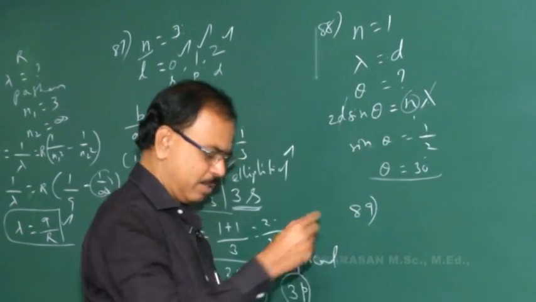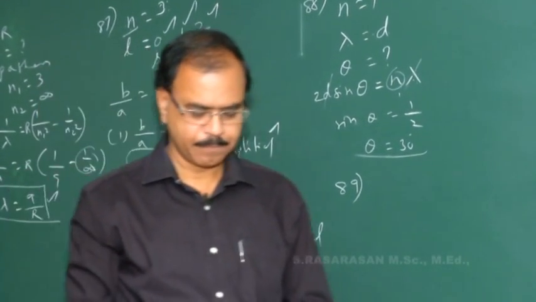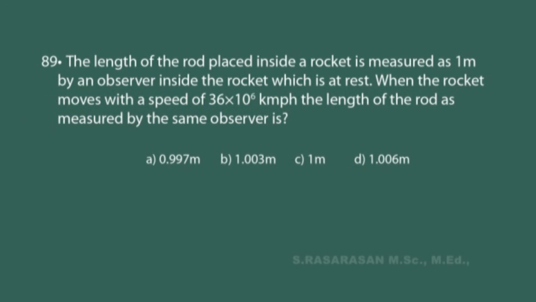Question number 89. The length of the rod placed inside a rocket, like a PSLV rocket, GSLV rocket, or Ariane rocket, is measured as 1 meter.